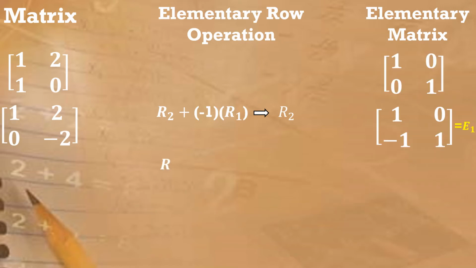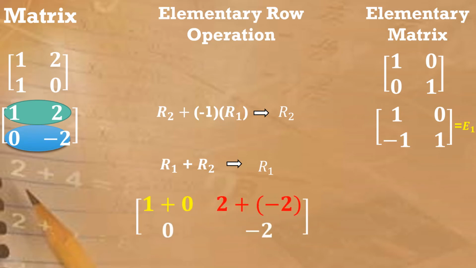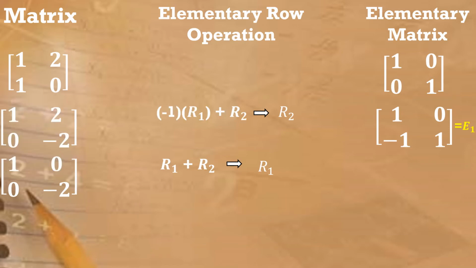Next is add row 2 to row 1 to form the new row 1. So this is our row 1 and this is our row 2. So 1 plus 0, 2 plus negative 2, equals 1, 0, with our newly formed row 1. Next, we will find the second elementary matrix by performing the second elementary row operation on the identity matrix.